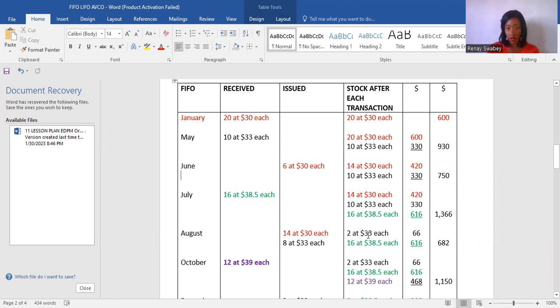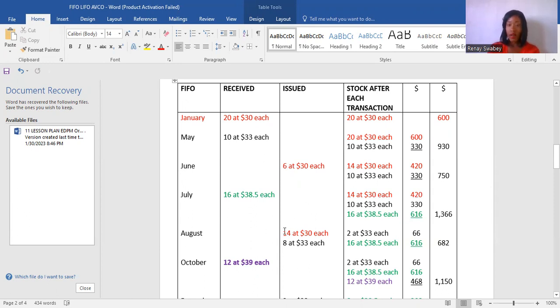Notice the $33 here and the $33 here. We're moving on to the month of May. In May, we didn't sell any of the things that we bought. In June, we didn't sell any of the things we bought in May either. In July, we didn't sell any of May products either.